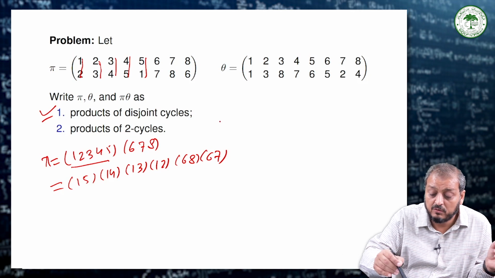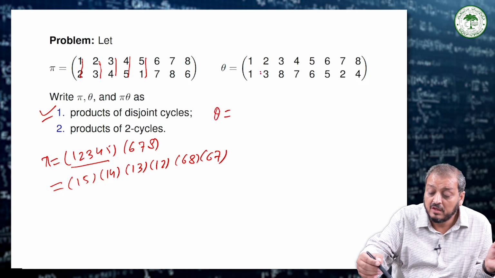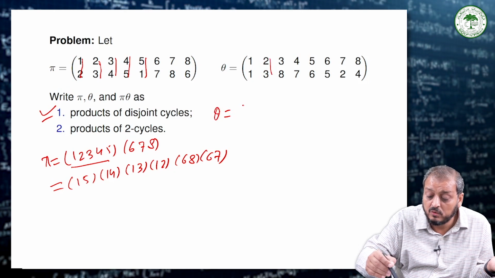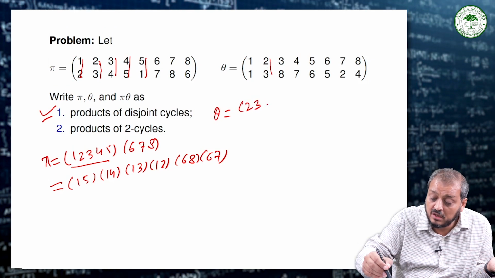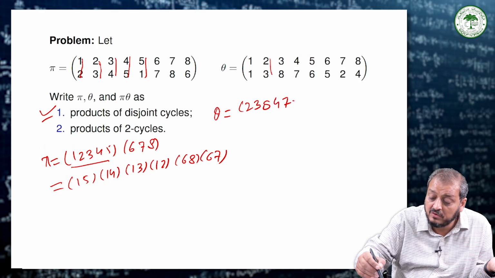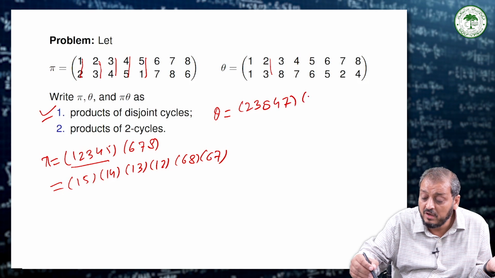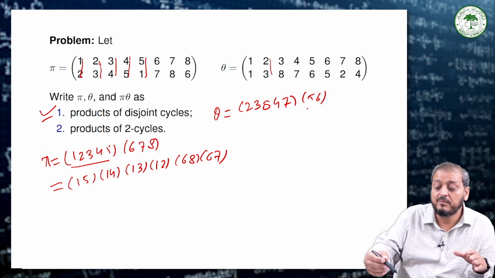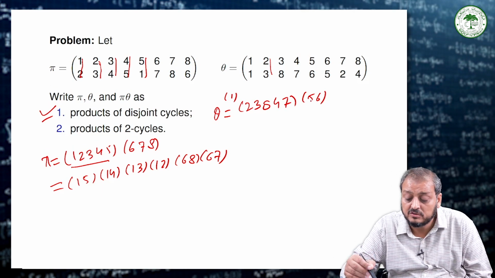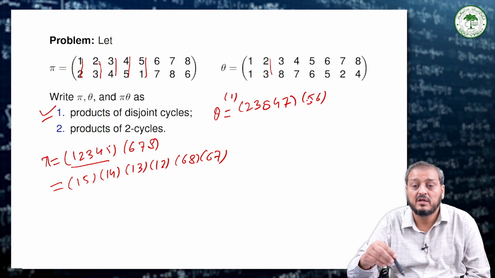Similarly, for theta, 1 goes to 1, so we omit it; 1 goes to 3, 2 goes to 3, 3 goes to 8, 8 goes to 4, 4 goes to 7, 7 goes to 2, and then 5 and 6 are there. One permutation is 1, so this is clearly a disjoint permutation.